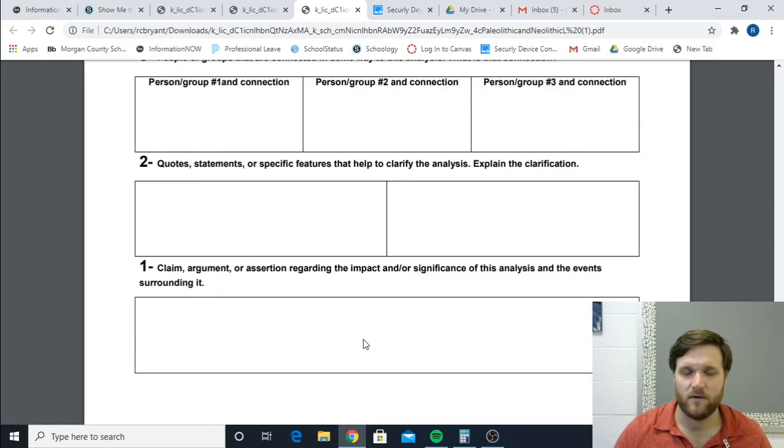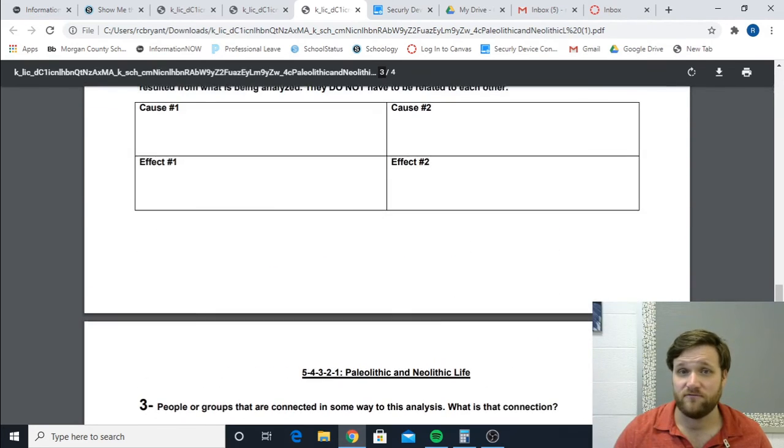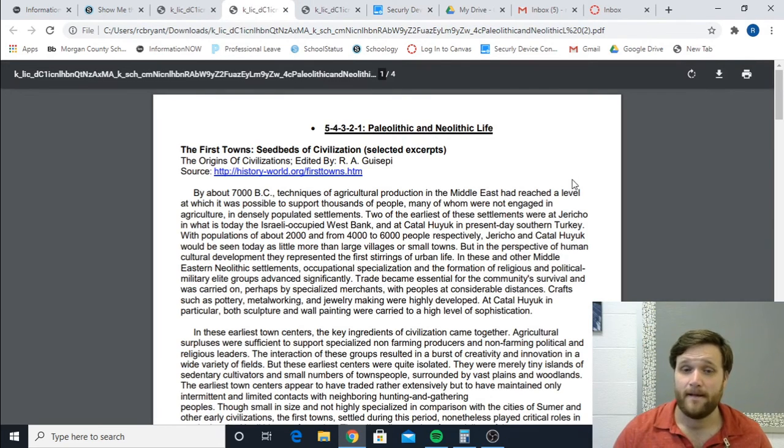If you have any questions, please write me. I would prefer you write me and we do this correctly than for there to be some sort of confusion and you not get complete points on this because the information that you gave me was incorrect. So the one part you do have to do on this that is up to you is you have to read.